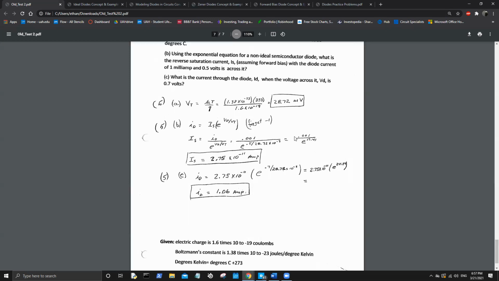It's good to know how to do it, but most of the time, what you want to know is the current through the diode. So why do you think he arbitrarily gave us 1 milliamp and 0.5 volts? What about the data points given for part B is important for IS? Why is that a valid computation for IS with those values?